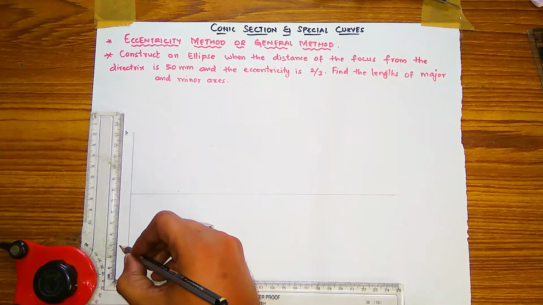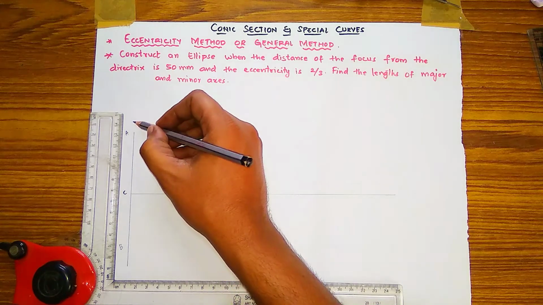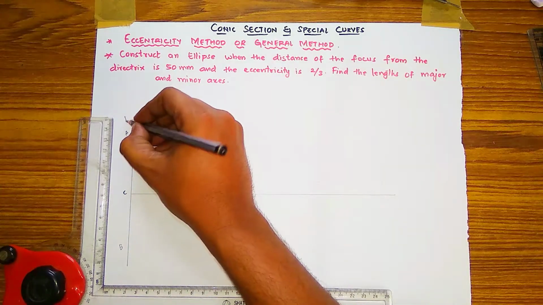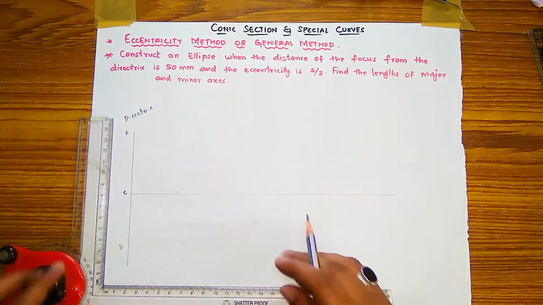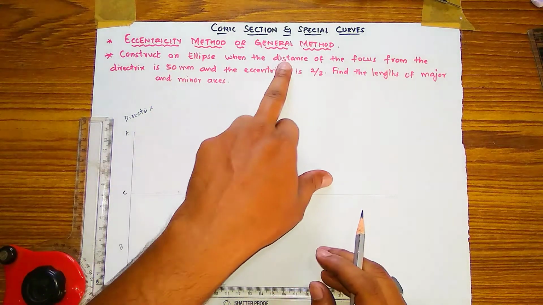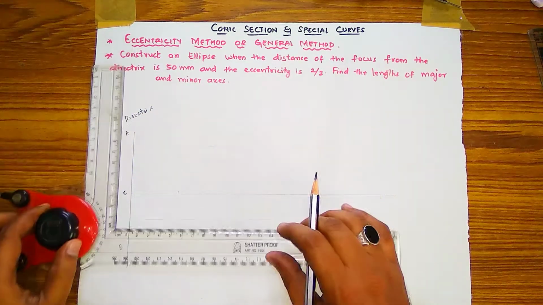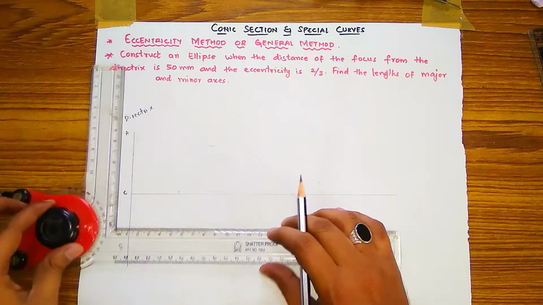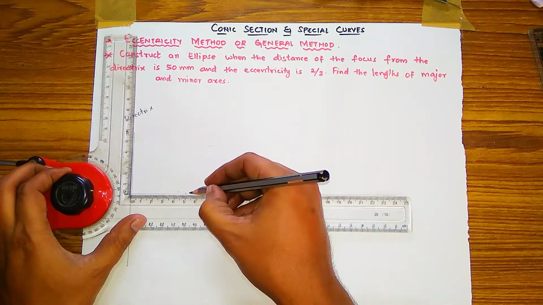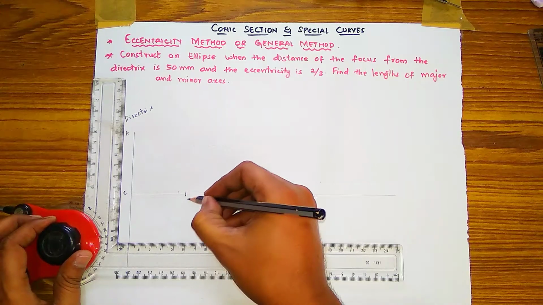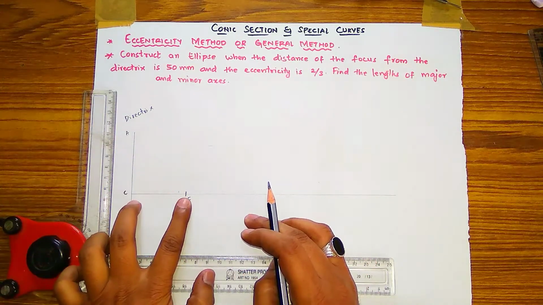You can label it A to B here, and this will be the C. Now, in the question, the distance of the focus from the directrix is 50 mm. So you have to take a distance of 50 mm from the directrix, like this. This point will be the focus. Means from the directrix to the focus you have a distance of 50 mm.